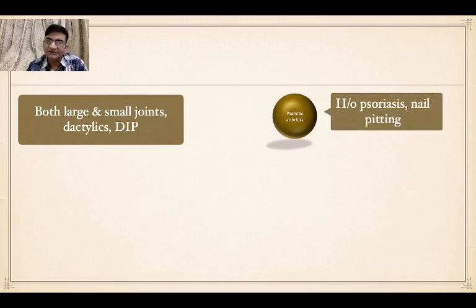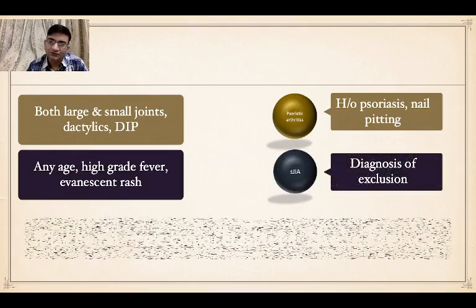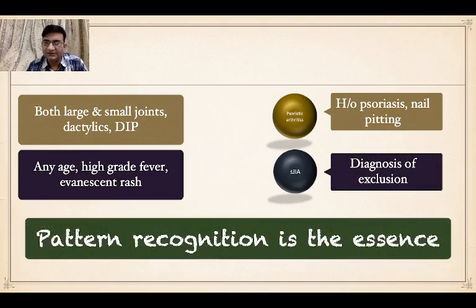We must ask for history of psoriasis in the child or family, and we must look for nail pitting as well. Any age, high grade fever, evanescent rash, systemic JIA is a diagnosis of exclusion. So, pattern recognition, I would again say, is the essence of diagnosis of arthritis in children.